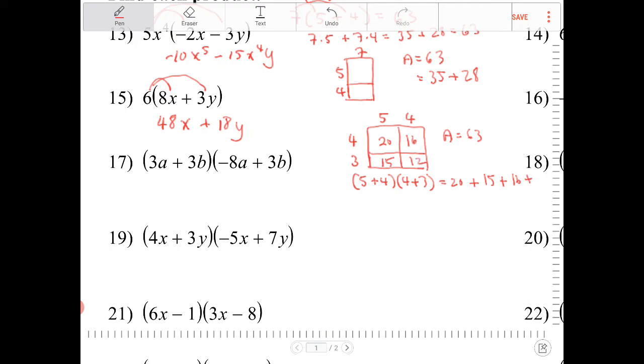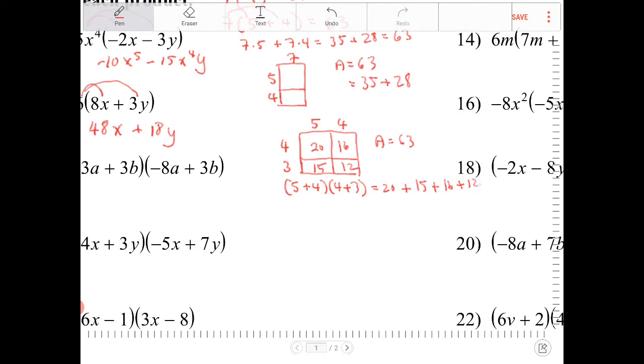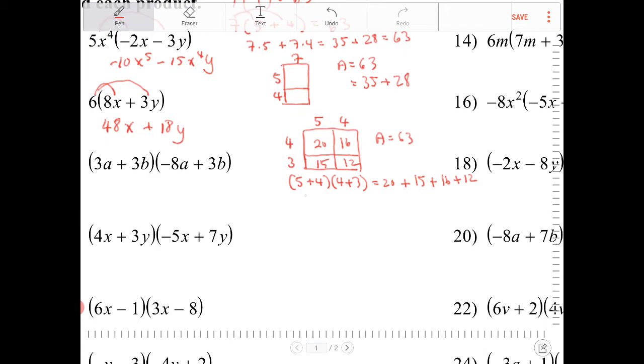It's the same exact thing. So if you look at this, instead of drawing this geometric figure over and over again, every time we have to multiply things out together like this, there's a technique called foiling.